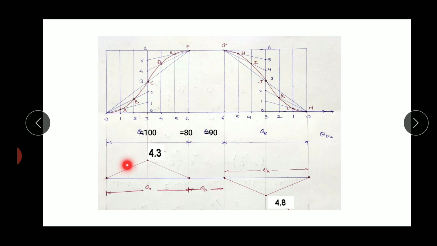During the first half of the stroke, its slope is continuously positive, so it is a straight line. And again during the next half of the stroke, it is again a straight line. So we have to represent the velocity with the help of a straight line in case of uniform acceleration and retardation motion, as we saw in our earlier video.